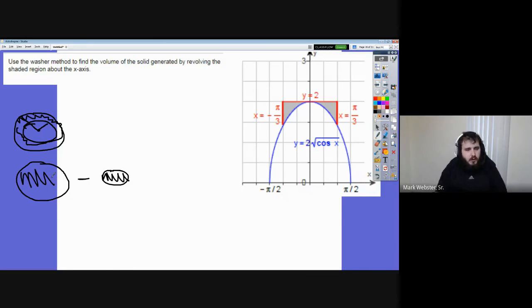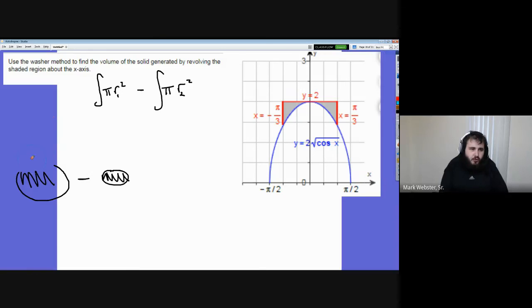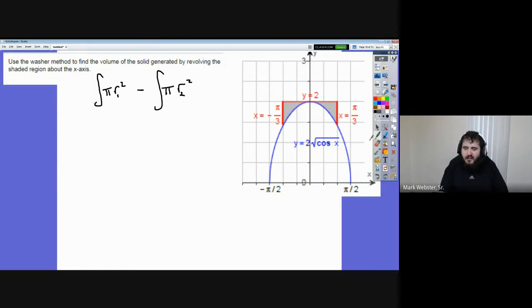So what you're really doing is pi r squared minus another one. Don't overthink this. You're just doing the big circle you sweep out minus the small circle you sweep out. And then it's the exact same problem.